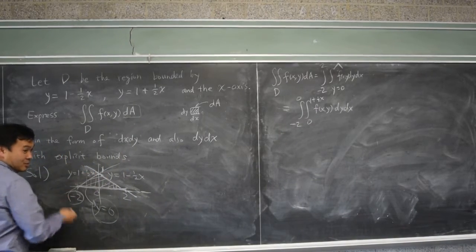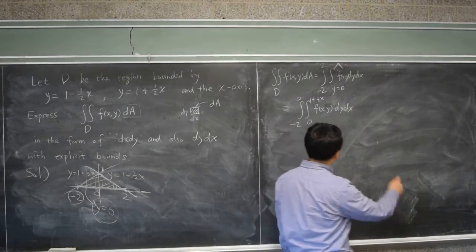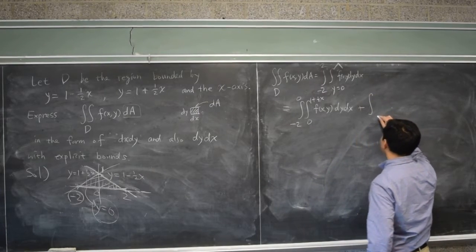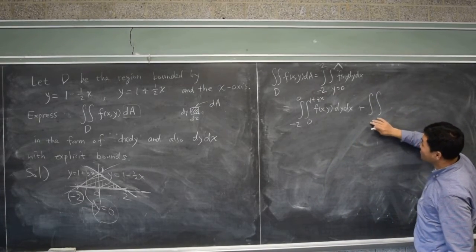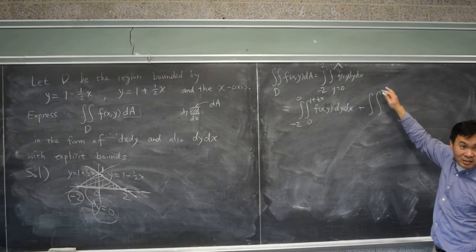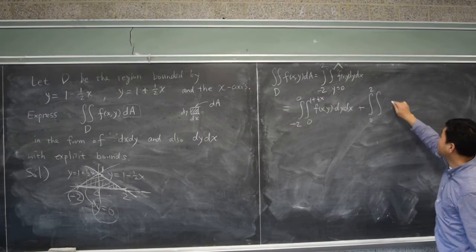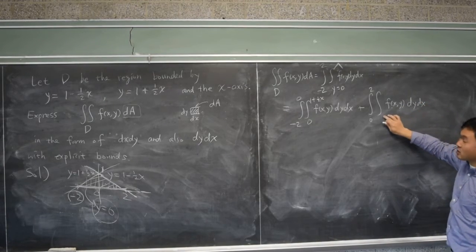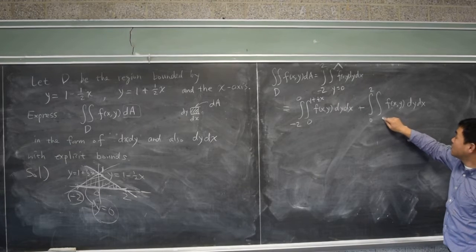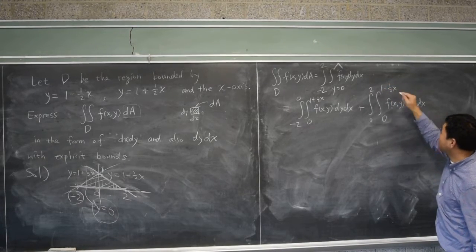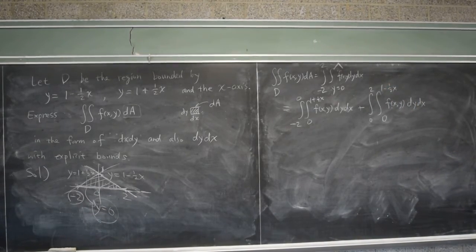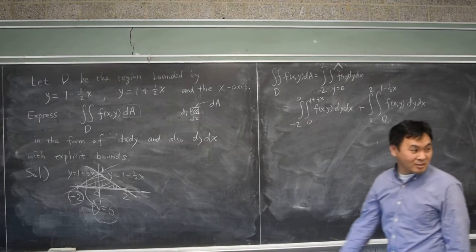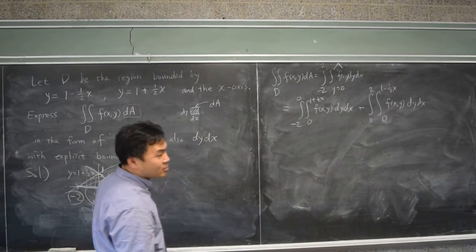Plus, for the second part, x goes from 0 to 2, of f(x, y) dy dx, and y goes from 0 to 1 minus 1/2 x. That's it. That's how you express it using dy dx. For dy dx, that's the only way.